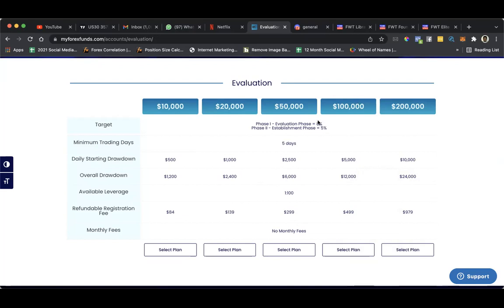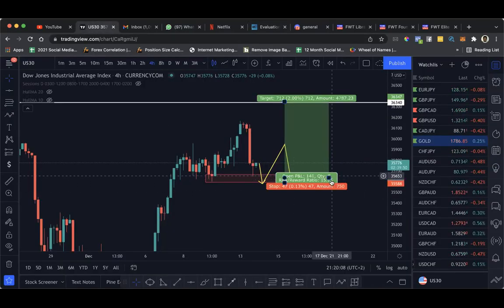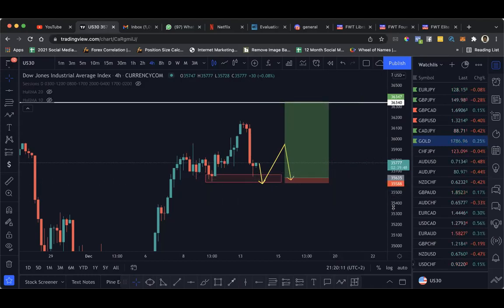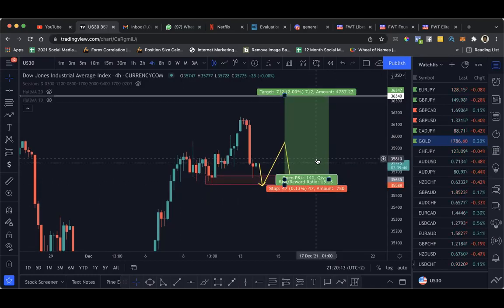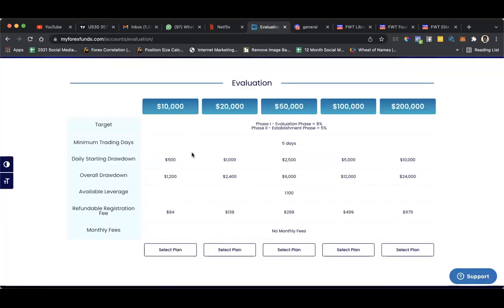And why am I very confident that once you master this trading strategy? Because of our risk to reward. You'll be risking so little to make a lot, because these guys have some trading rules. They have a drawdown rule, so you cannot have a drawdown of more than 12% on the account.